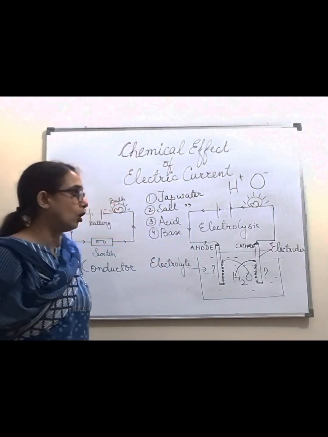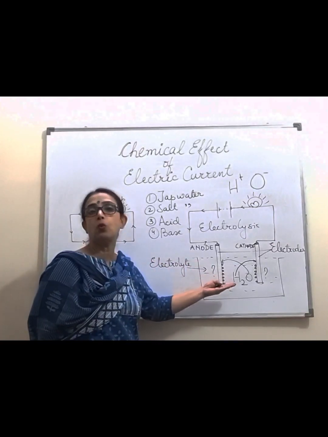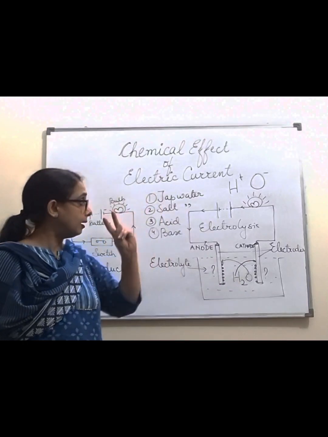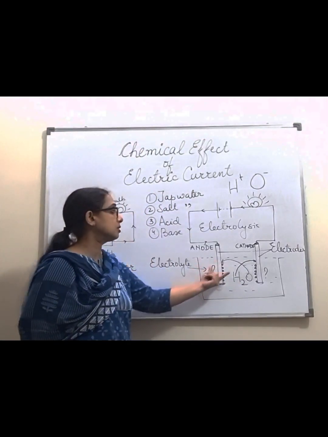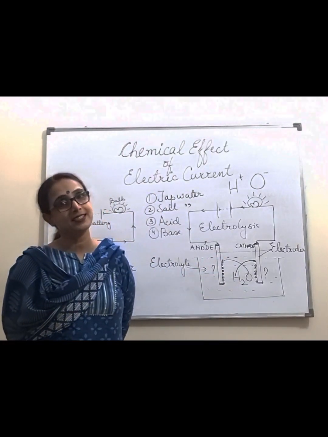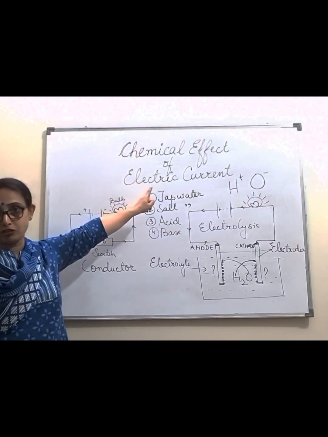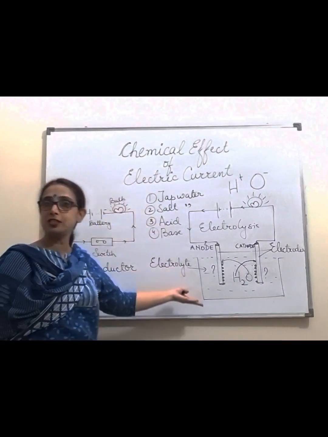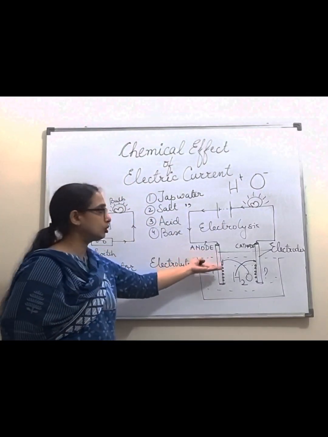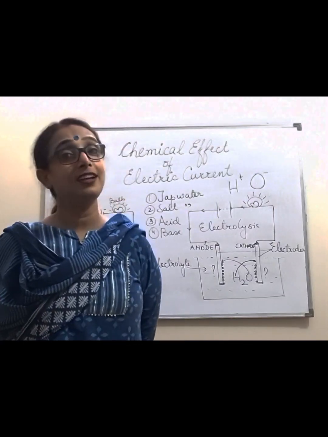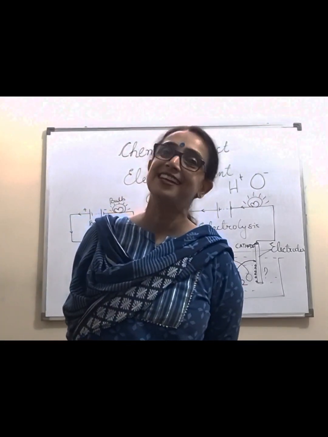And this is how electrolysis of water was conducted by William Nicholson, and he introduced us to the two gases. So this is all about one of the chemical effects of electric current, Nicholson's experiment, cathode and anode, and stay tuned for some more interesting videos like this. Thank you.